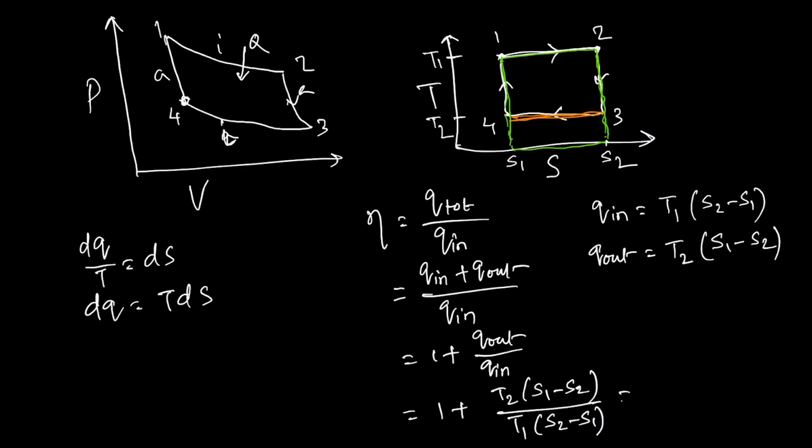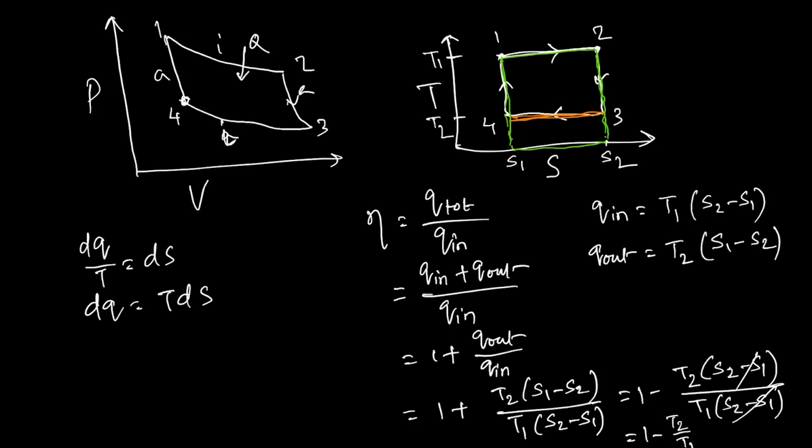Taking the negative sign on the numerator, we get T 2 times S 2 minus S 1 over T 1 times S 2 minus S 1, which cancels, giving us 1 minus T 2 by T 1. So that is the efficiency of the Carnot engine calculated directly from the TS diagram.